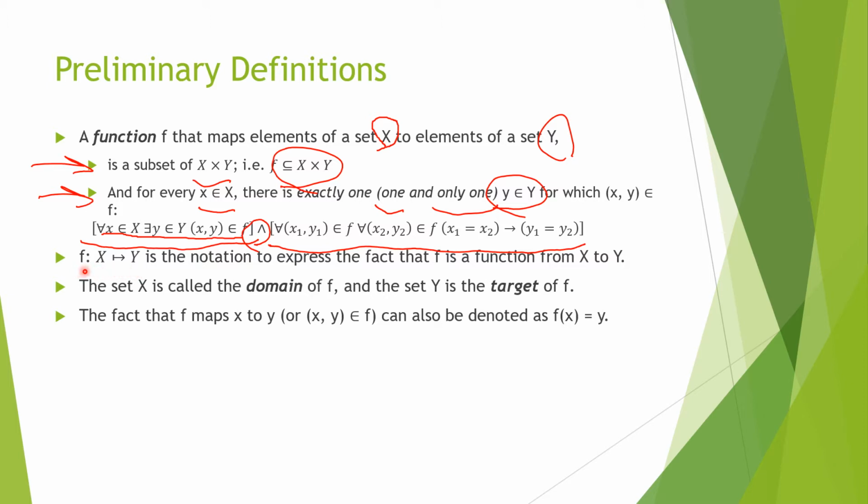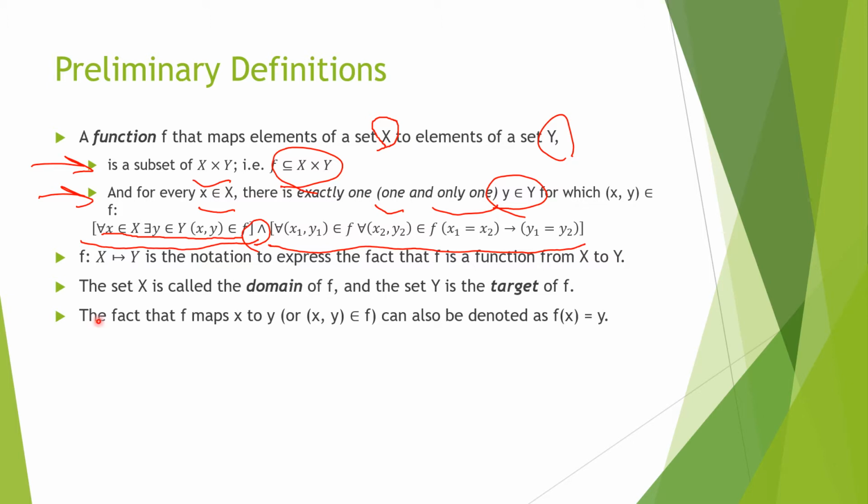We write f colon x, the first set, which we call the domain, then a symbol for maps to, which means x maps to y, the second set in the function that we call the target. So this is a notation to express the fact that f is a function from x to y. Now, the set x is called the domain of f. The set y is called the target of f. Sometimes they call it codomain too.